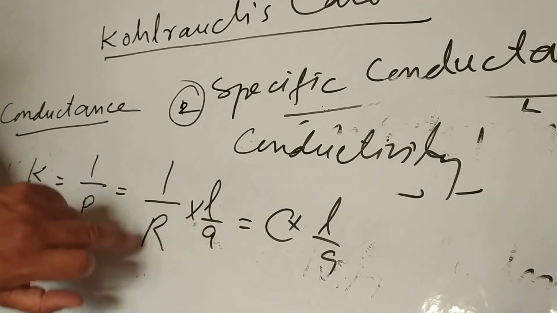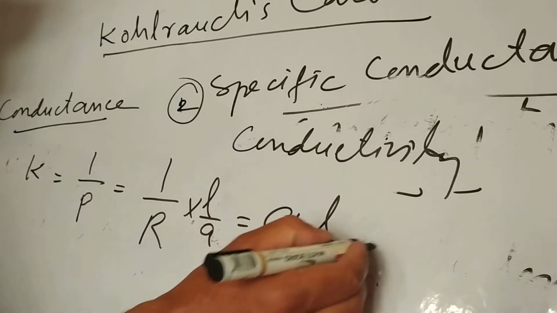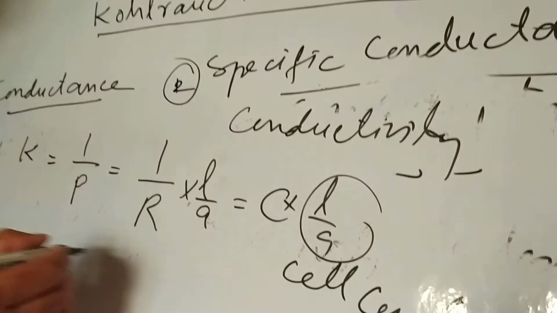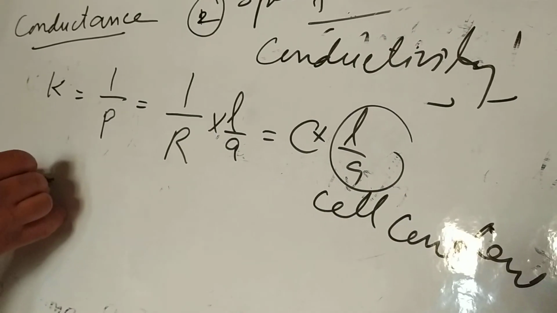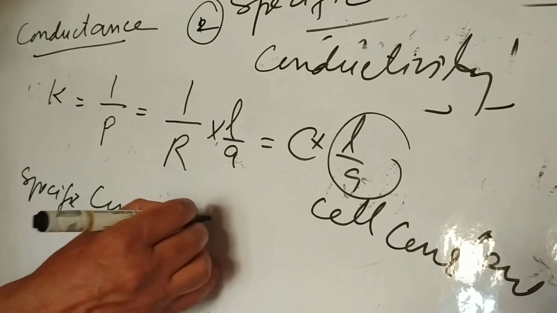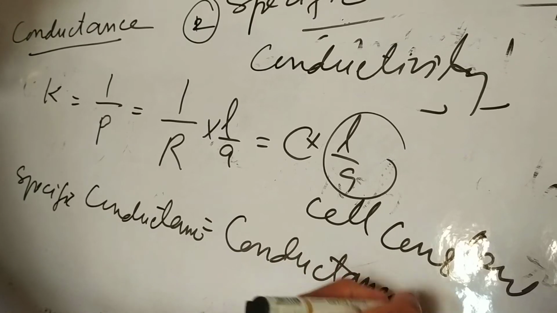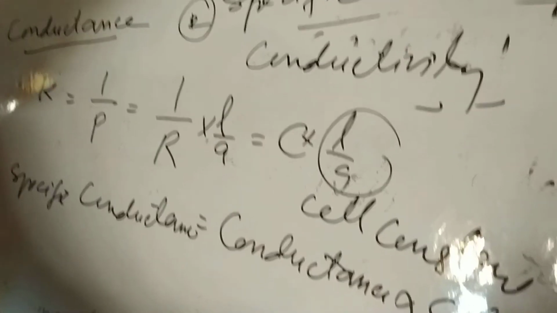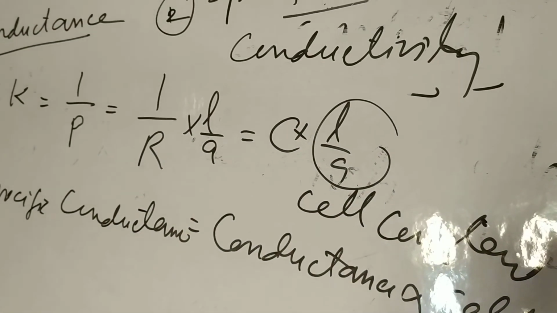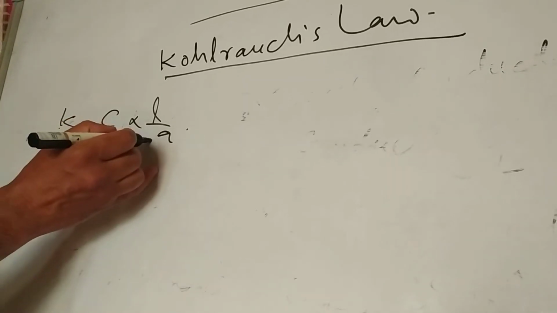L over A is also called the cell constant. So specific conductance is equal to conductance into cell constant L over A.